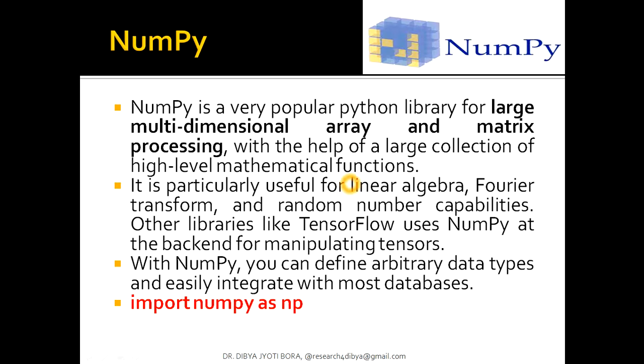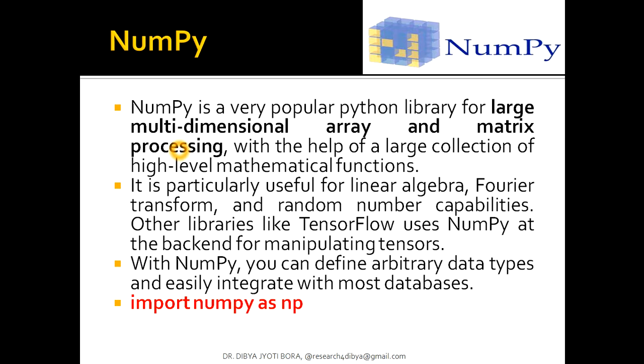Clear? So the next one is numpy, and the corresponding symbol is this one. Numpy is a very popular Python library for large multi-dimensional array and matrix processing. By numpy, we actually refer to an array processing Python library.